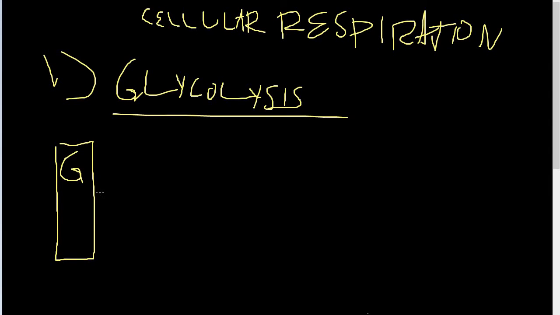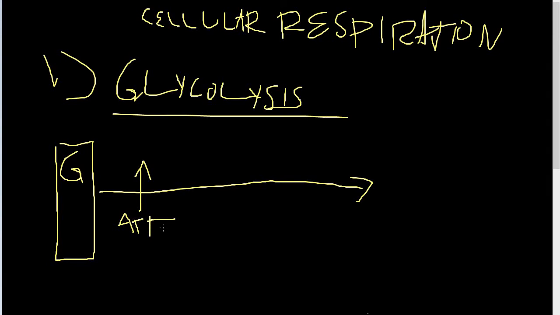And so glucose, right, is phosphorylated. What that means is that a phosphate group is added, and this phosphate comes from ATP. Once the phosphate group is removed, you're left with ADP, or adenine diphosphate.